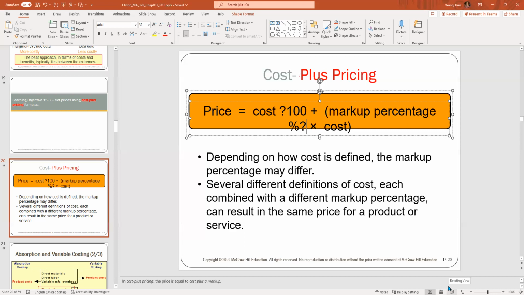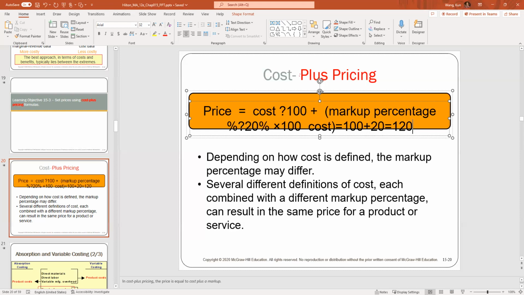So for example, I consider 20% of the cost to become my profit, or markup. Then 100 plus 20 is $120 per computer chair. That's if you already have all of the cost items under your cost structure.